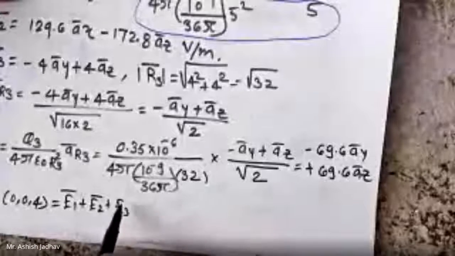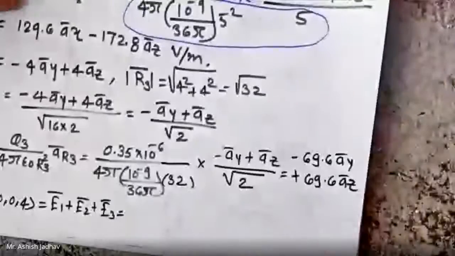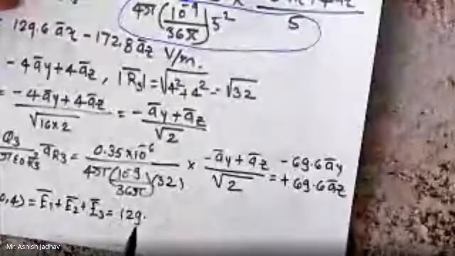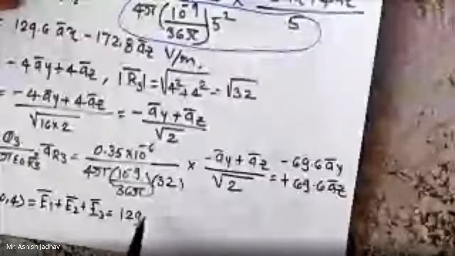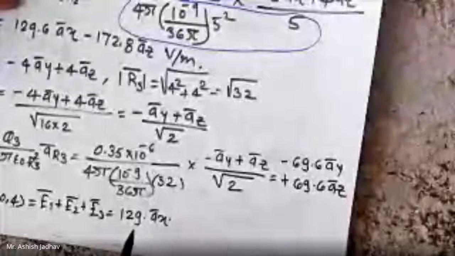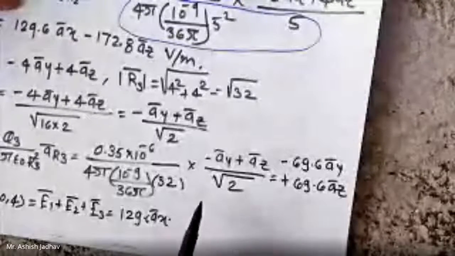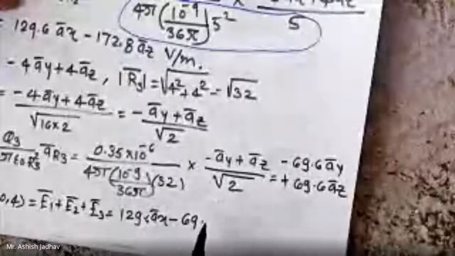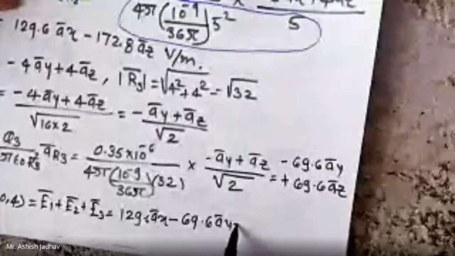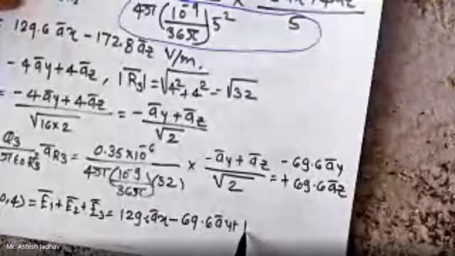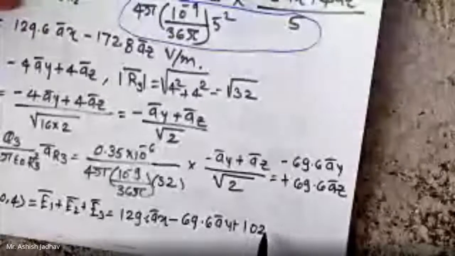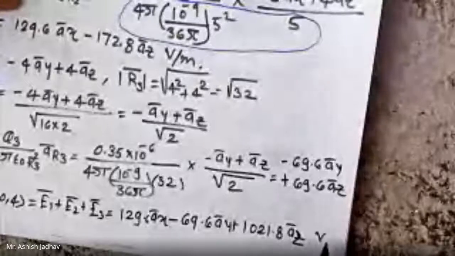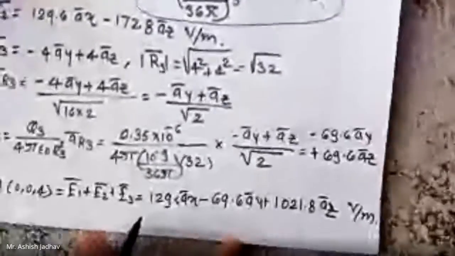So if you add all x, y, z components of all those vectors E1, E2, E3, final answer will be 129.6 a bar x minus 69.6 a bar y plus 1021.8 a bar z, and the unit is volts per meter.